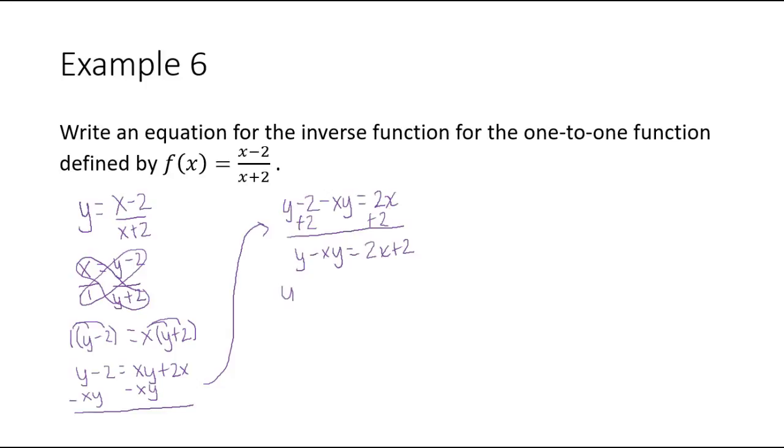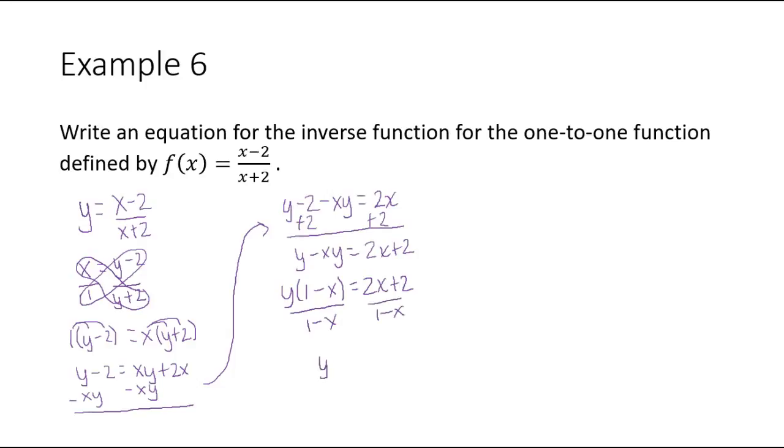You see, both of them have a y in common. And if I factor that out, I'm going to be left with 1 minus x. And then this will still be equal to 2x plus 2 over here. And then to get y alone, now all I need to do is divide by the parentheses there, the 1 minus x.